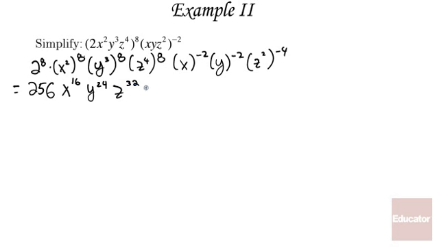And then here I have a bunch of negative exponents: x to the negative 2, y to the negative 2, z to the 2 times negative 4, which is z to the negative 8th. Now, recall that if I have a to the negative n, this equals 1 over a to the n. So in order to eliminate these negative exponents, I'm going to move all 3 of these into the denominator.